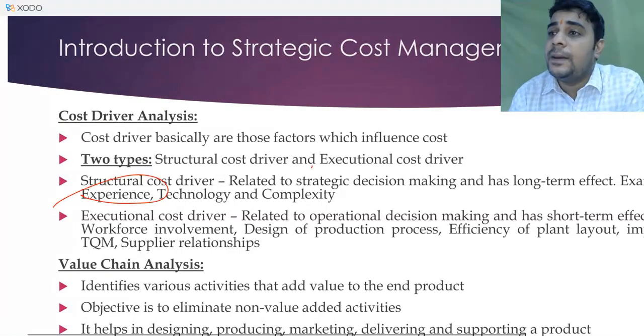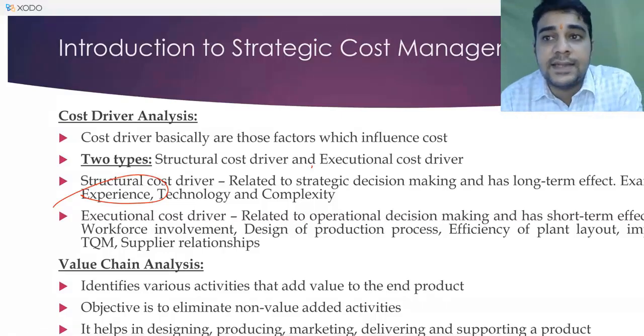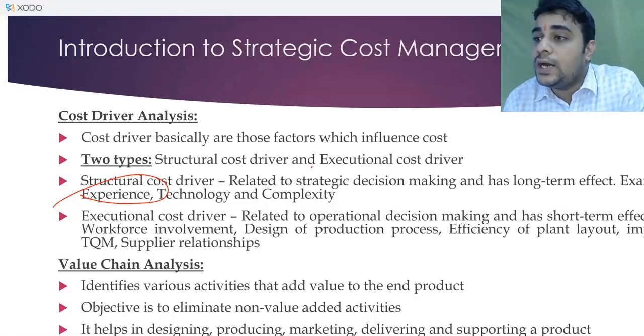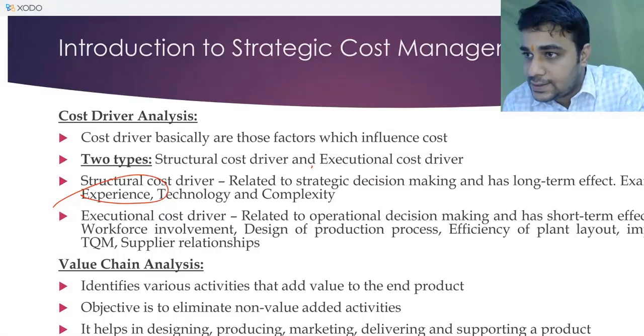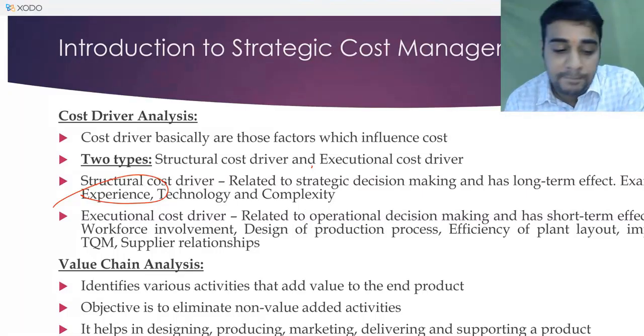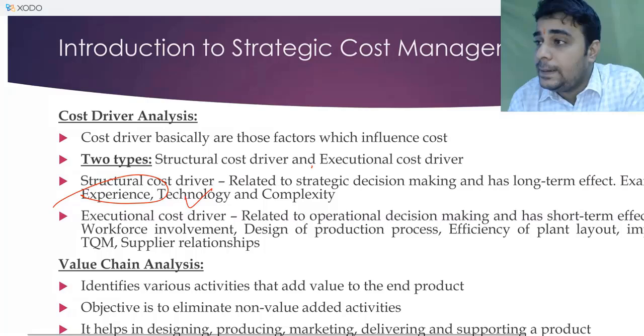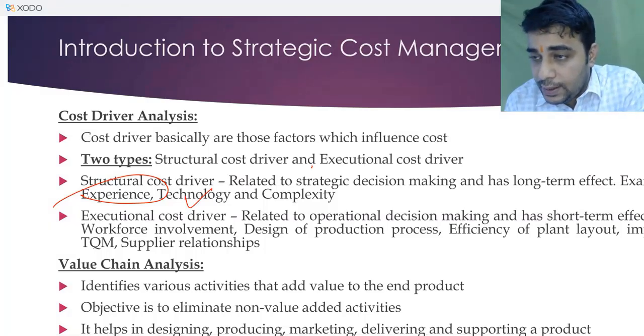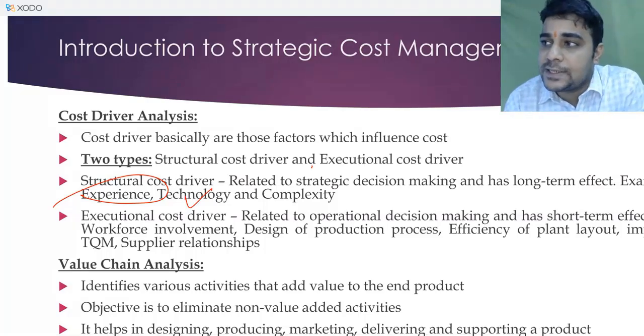They have better experience. They have been in the industry for a longer period of time. Their technology could be better than what I am doing. Complexity depends on the complexity of the product or the complexity of the production process. The more the complexity, the more it can have an impact on the cost. So these are structural factors. This will have a longer impact.